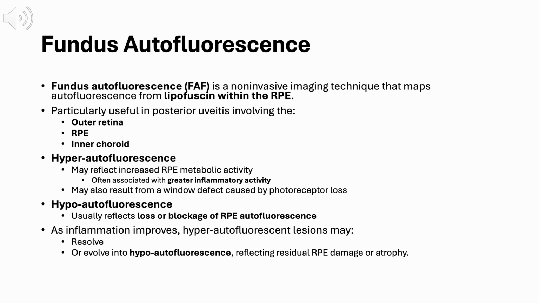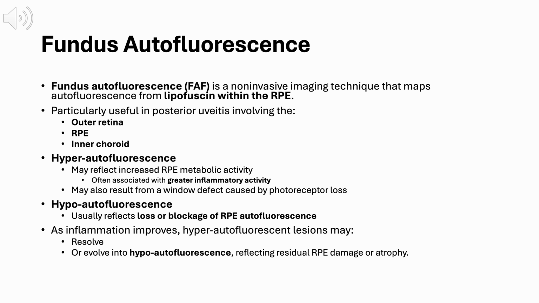Fundus autofluorescence, or FAF, is a non-invasive technique that maps the natural glow of lipofuscin within the RPE, no dye needed. Here's the intuition. The RPE naturally contains a pigment that fluoresces, so FAF essentially photographs the health and activity of that cell layer by how brightly it glows. It's especially useful in posterior uveitis involving the outer retina, RPE, and inner choroid.